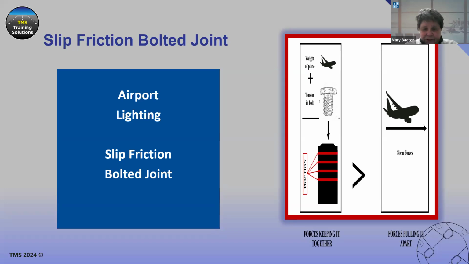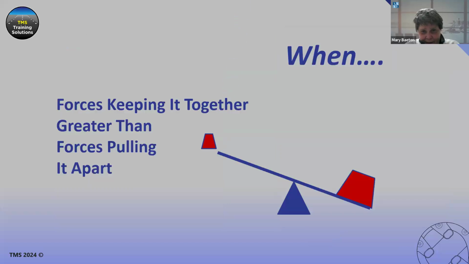That has several spacer rings in it. So we have the force of the plane landing on it, running over the base can, plus any additional clamp load we might need from the tension in the bolts. We have to create enough force to keep that together by friction to overcome the plane landing on it and braking. Next.